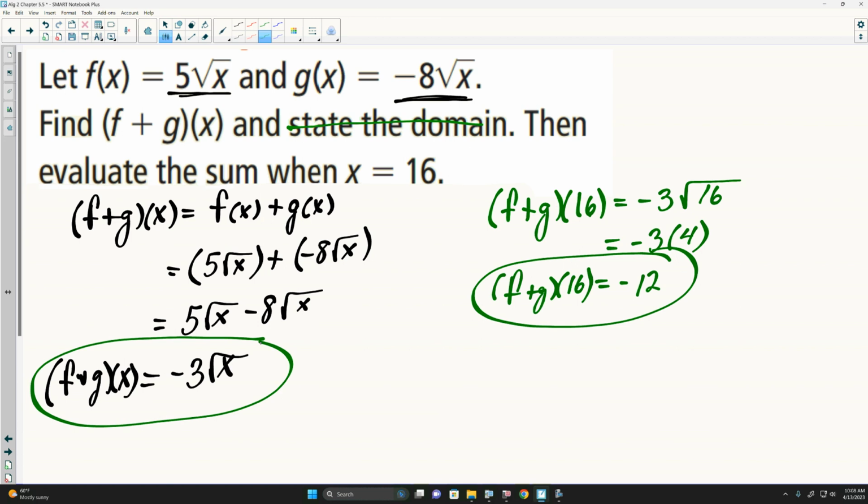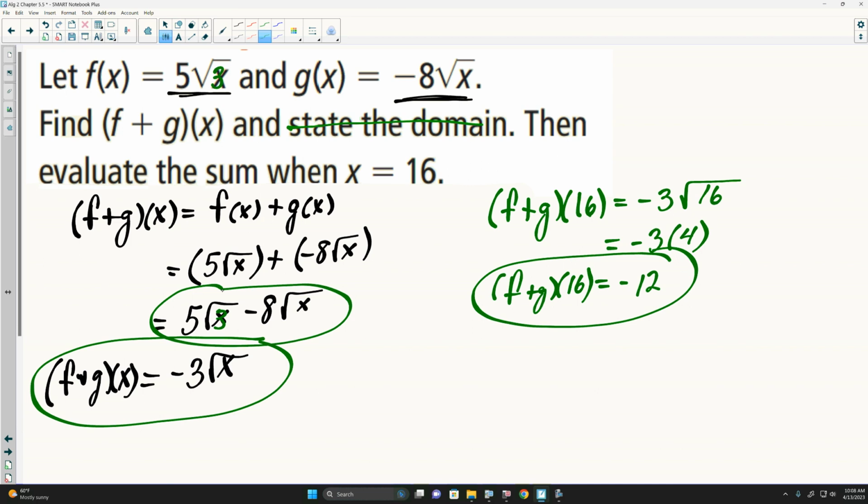Will they put like 5 square root of 3 and negative 8 square root of x? Yeah, I mean, we can, but it would mean that this here would be the final answer. Since we don't have the same radical and terms inside, that's as far as we can take it.